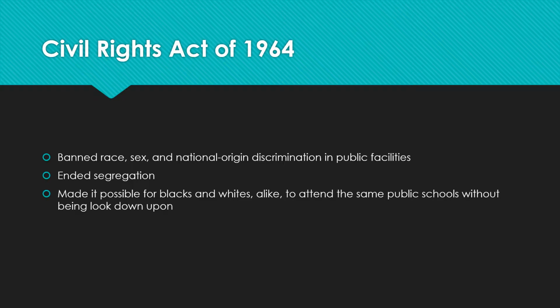Sure, not everyone's viewpoints were changed just because of an act, but there were many, many people who already believed that segregation was wrong, and basically this just made segregation illegal.